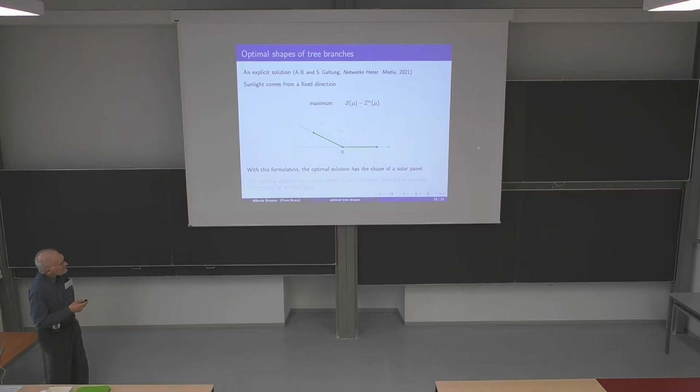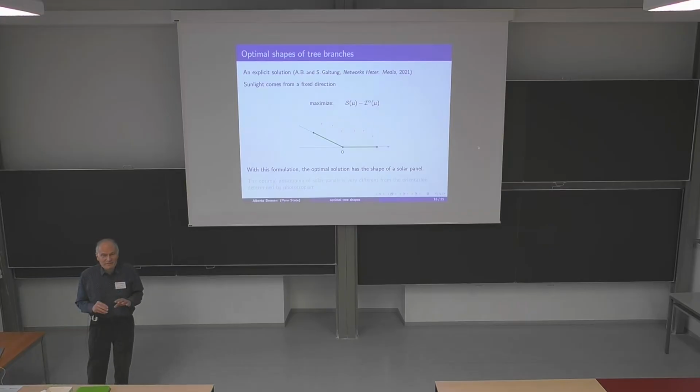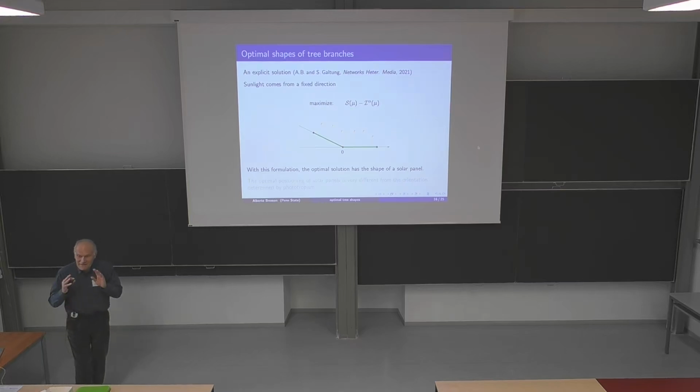On the other hand, about the optimal shape of tree branches, with the definition we had so far, it turns out that actually you don't really recover the shape of a tree, but what you recover is the shape of a solar panel. Okay? So clearly there is something missing.